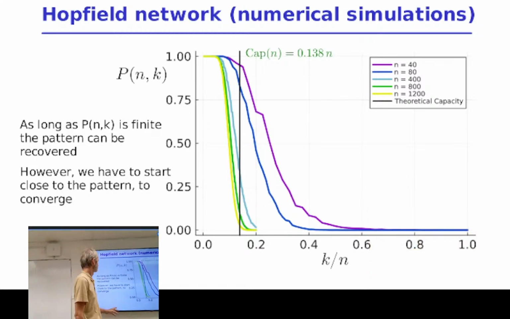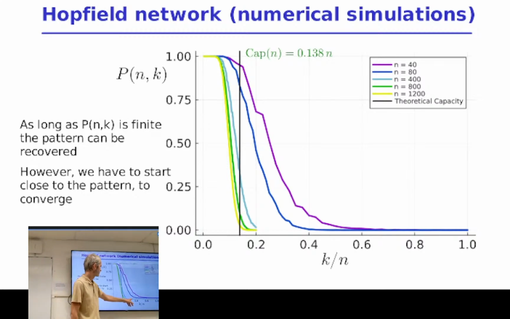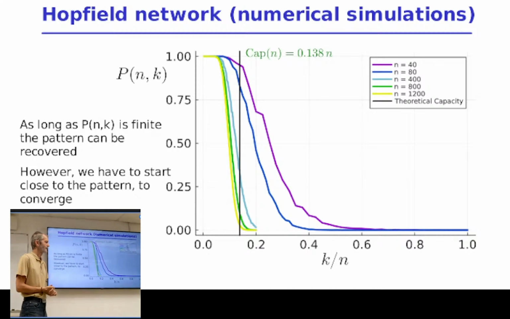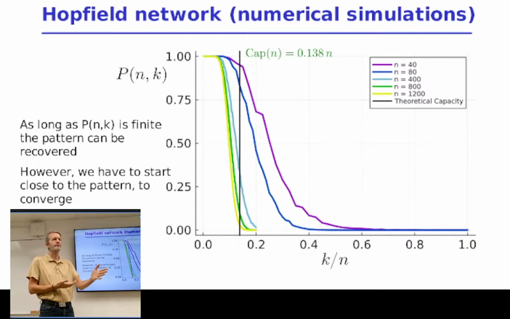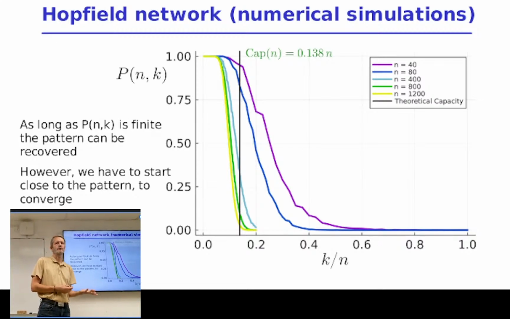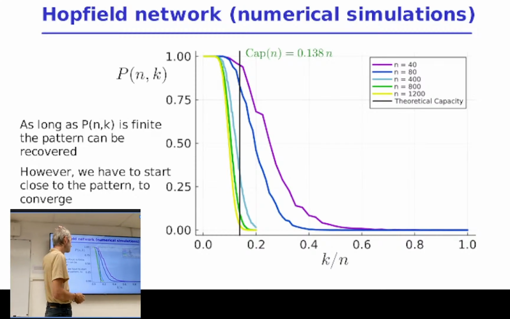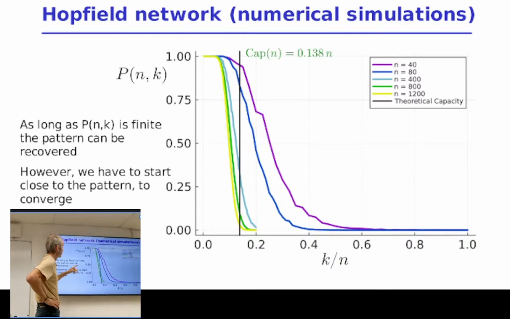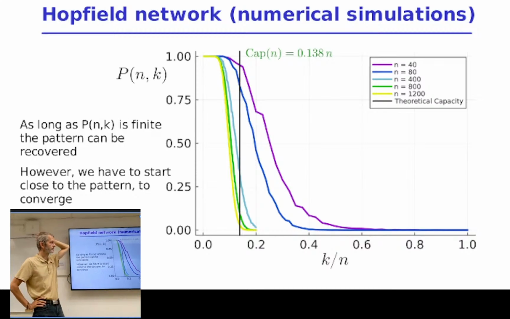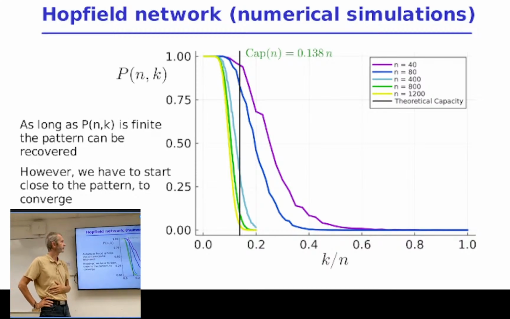So now here what I plot is the number of patterns divided by n, because as you saw, we expect the number of patterns that can be stored to be proportional to the size of the network, and the probability that all the k patterns are local minima, right?